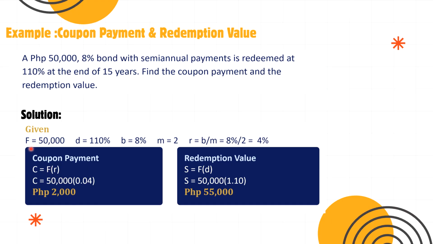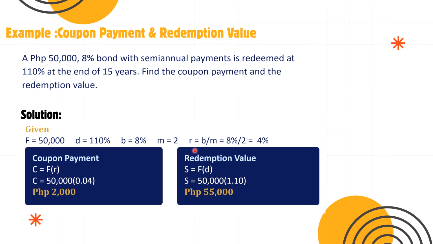F or our face value is equal to 50,000 pesos. d or the redemption rate is equal to 110%. B is equal to 8%, which is our bond rate, and M is equal to 2, since it is semi-annual payments.